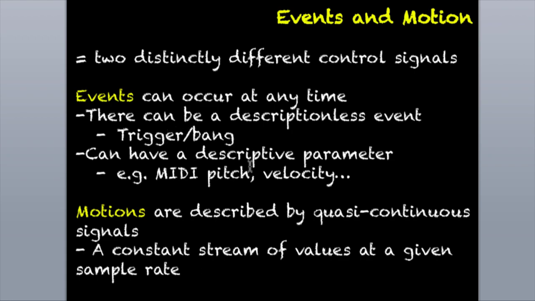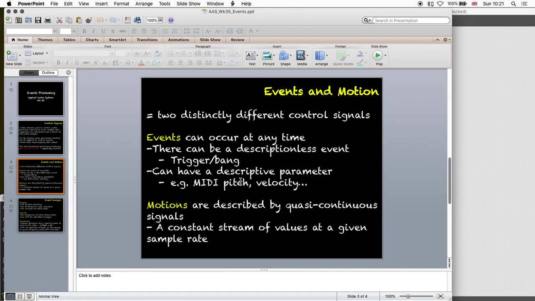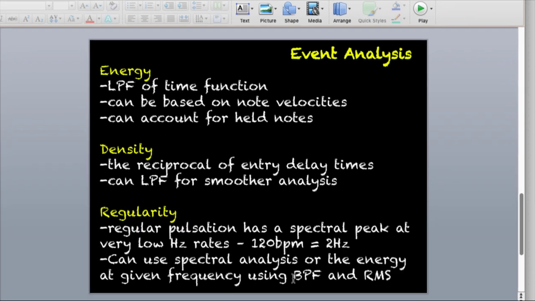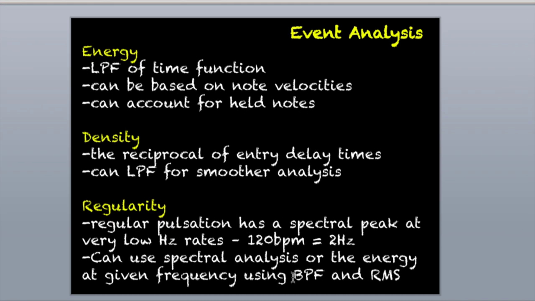And events can also have descriptive parameters. So typically with MIDI notes, they will have pitch, velocity, and there could be other things as well. Okay, so crucially, we're gonna look at two things and talk about a third one because it's slightly more complex to implement in Max MSP.